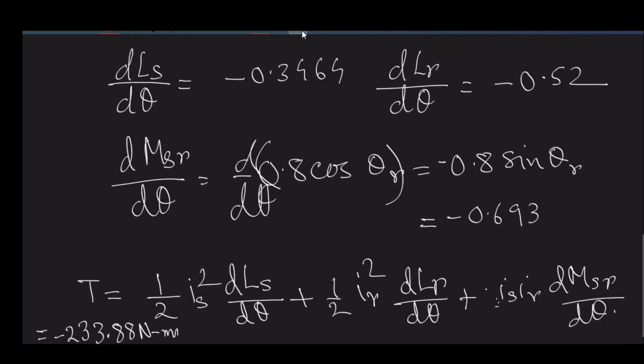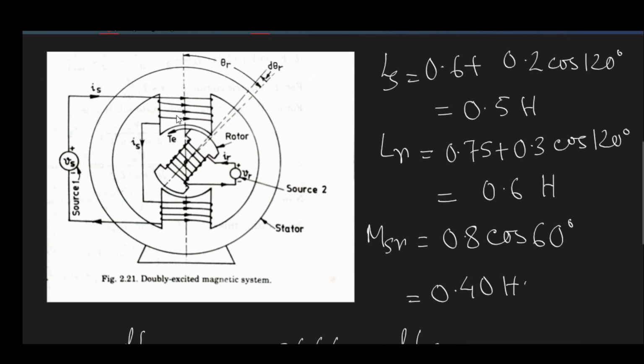So please keep in mind that reluctance torque is independent of rotor and stator current direction. However, it is not the case for the mutual torque because it is dependent on the current direction. It is easy to understand that when you change this current, previously it was opposite polarity: if the stator was N, the rotor was producing S, and if it was S for the stator, the rotor was producing N. But now when you change the rotor current, the rotor polarity will change.